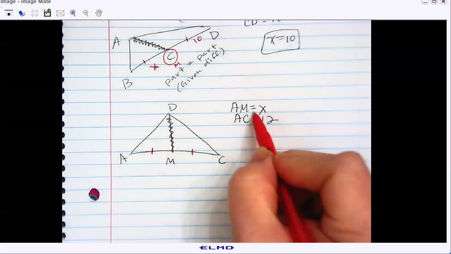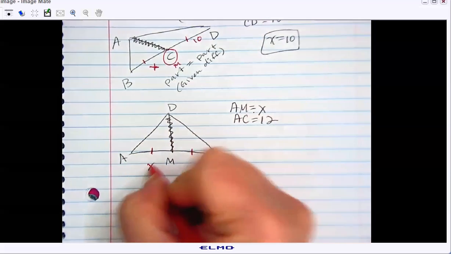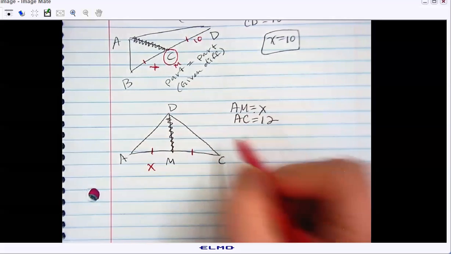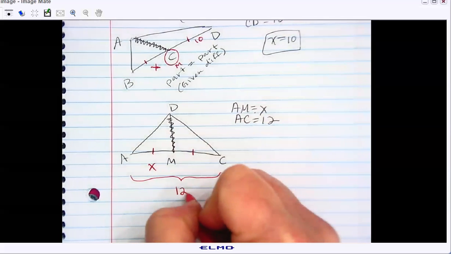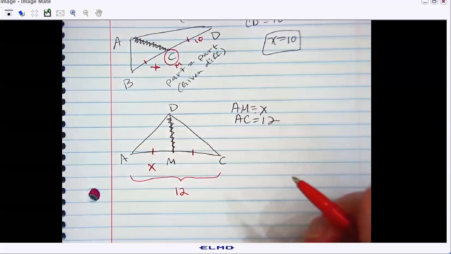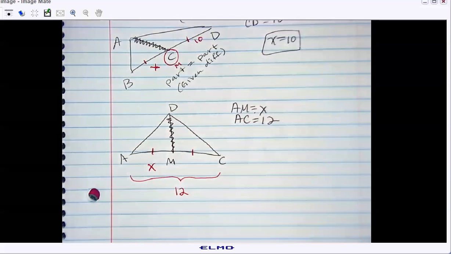So I'm given AM. AM is X. And then I'm given AC. AC is 12. Notice that I've been given something different here. What's different about it? Yes, it is. That would be the answer. What's different about this that I've been given?